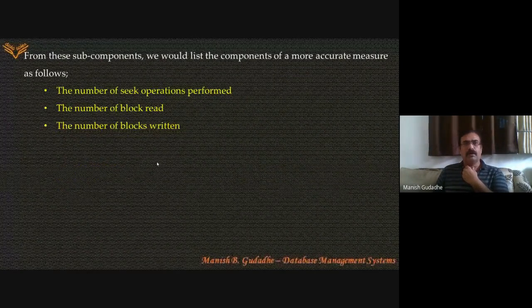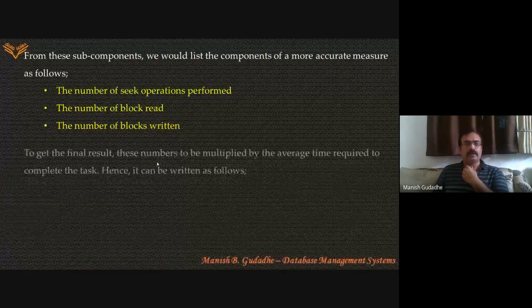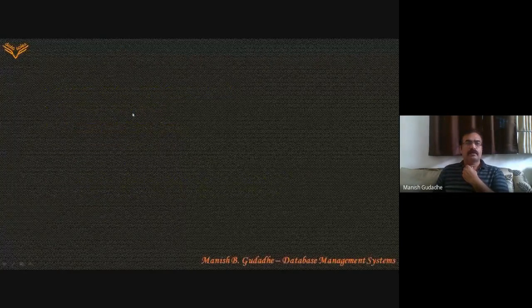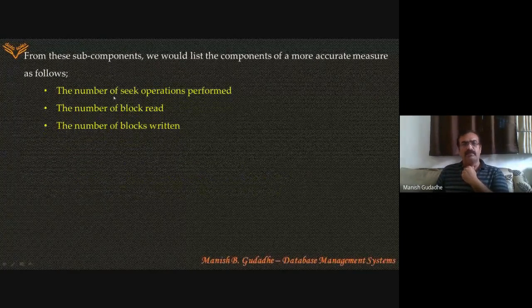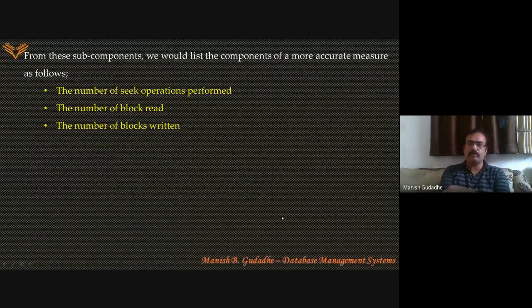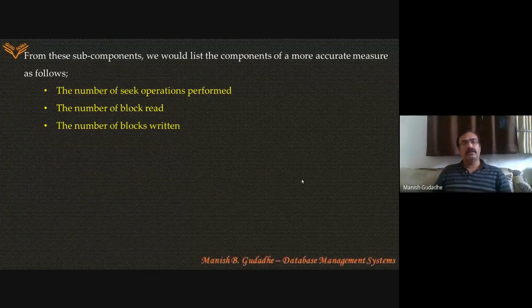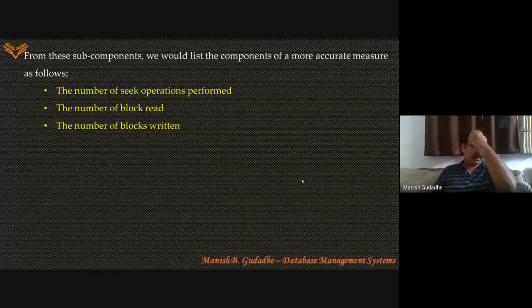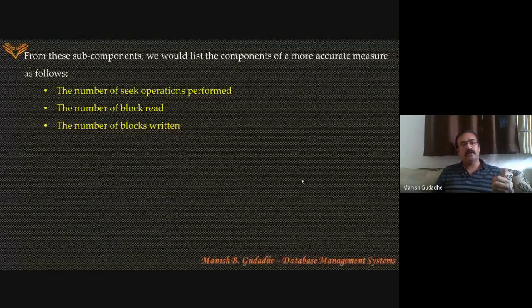So now we can be more accurate about the cost of data: the number of seek operations performed, that is how many operations will be performed to seek that data, then the number of blocks read and the number of blocks written back. These are the three main operations which give a more accurate measure of the cost of query execution.